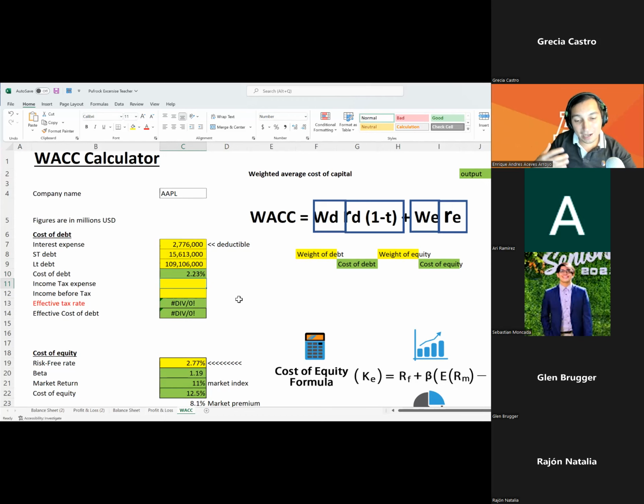But as I told you, we have to deduct from that rate the tax deduction aspect, because you can deduct taxes from that. So it means that you will pay less taxes. So I need the income tax expense or the provision of income tax and the earnings before taxes. What are the amounts?